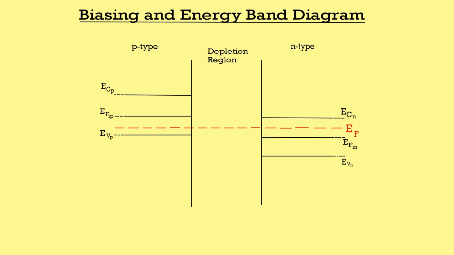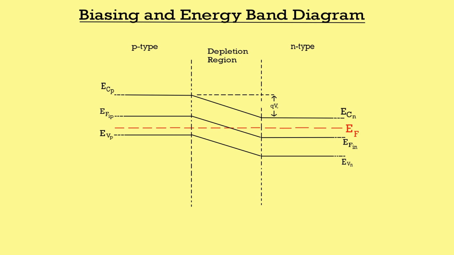We have to make sure that the energy band gap in the P-type and N-type region is equal, because we are taking the same semiconductor material. After we are done with the P-type and N-type, we have to join the conduction band and valence band of the N-type and P-type region. And the difference in the energy gap is equal to q, which is the charge on a charge carrier, multiplied by built-in potential V0.